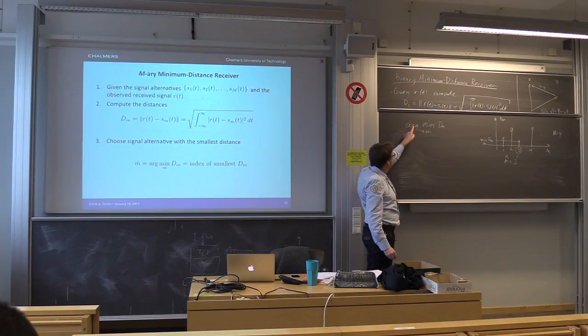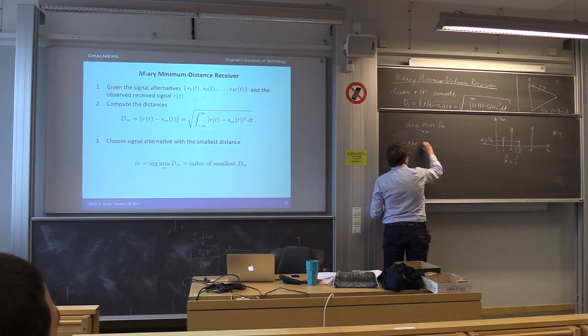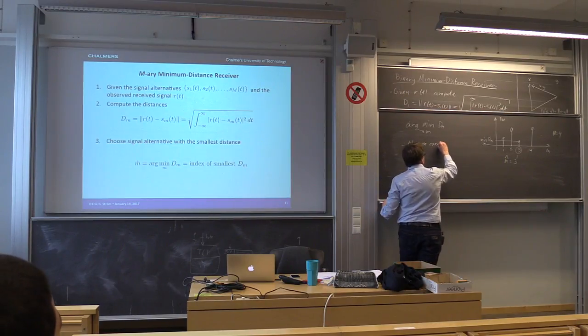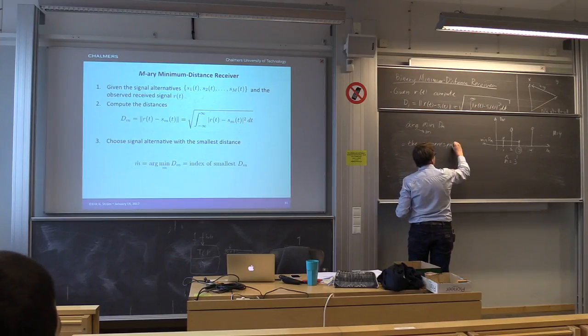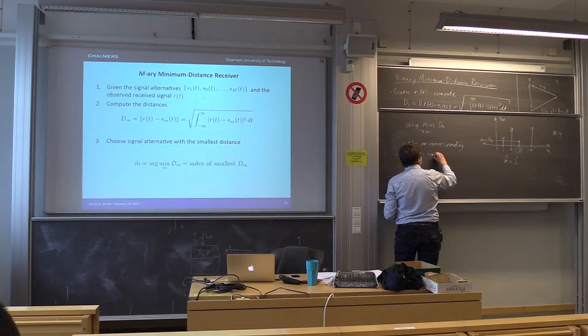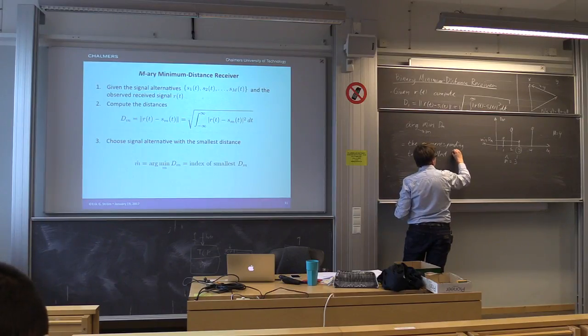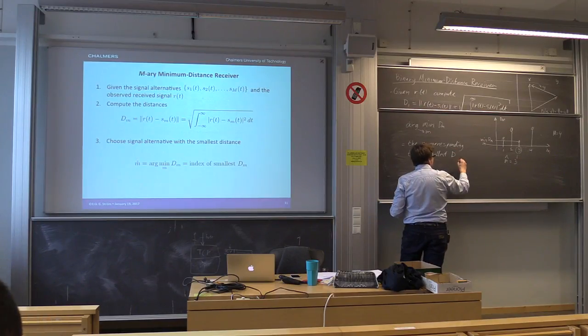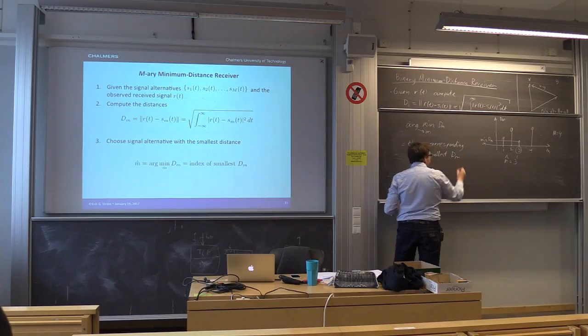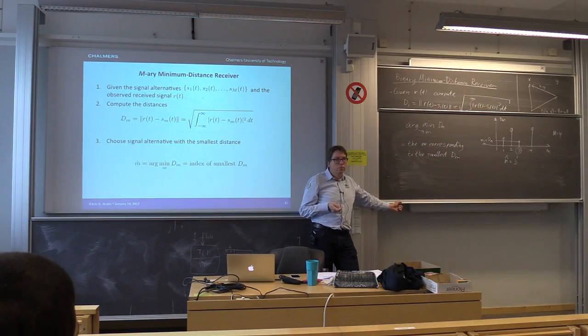So it's the m corresponding to the smallest dm, if you understand what I mean. Is it clear?